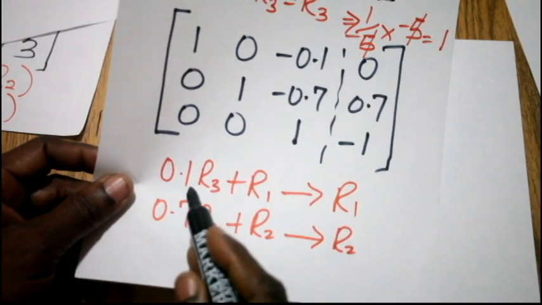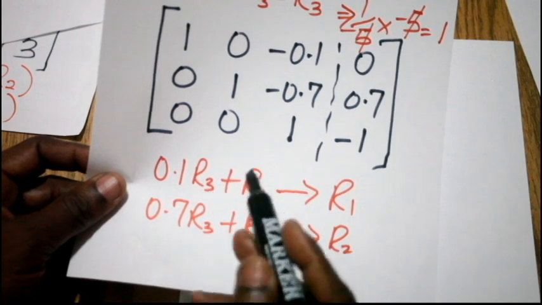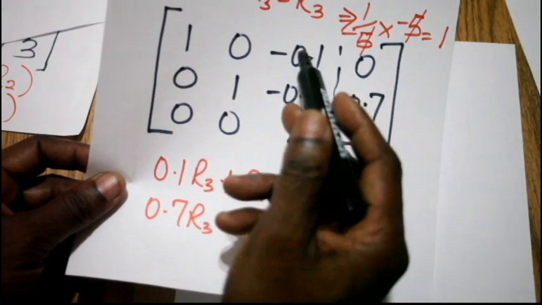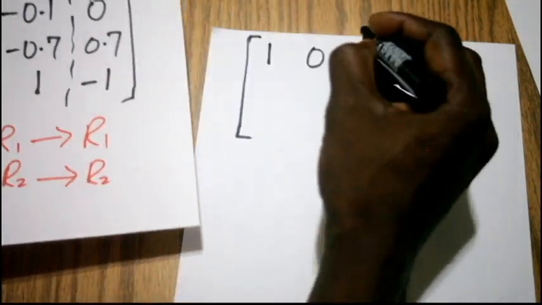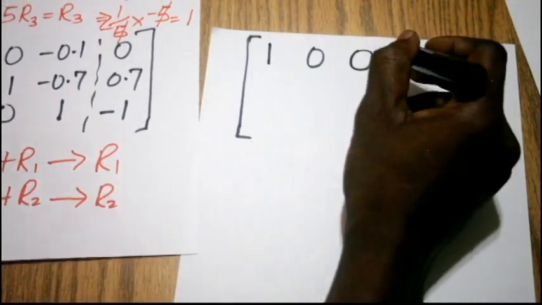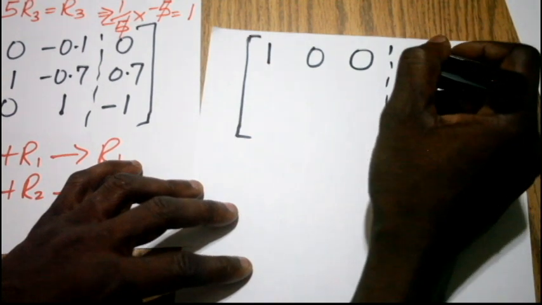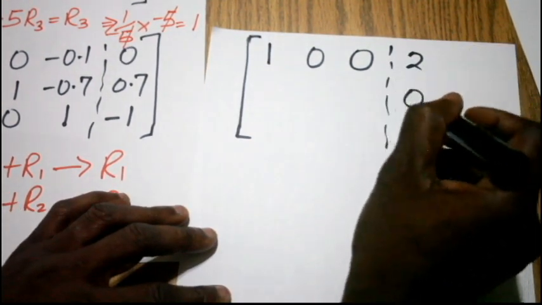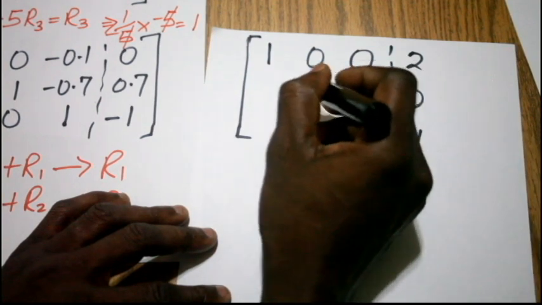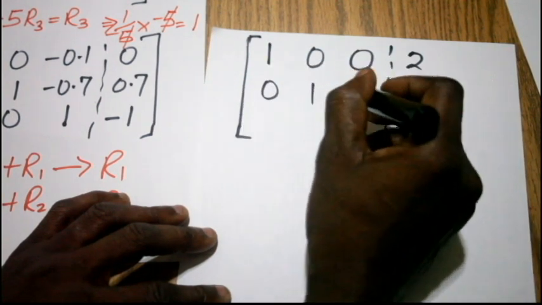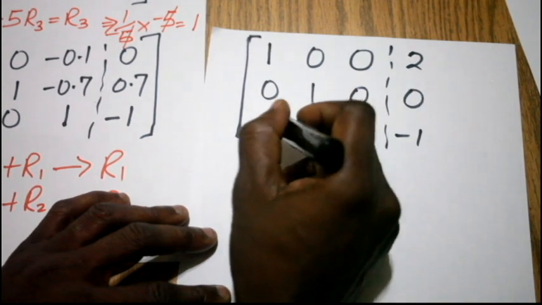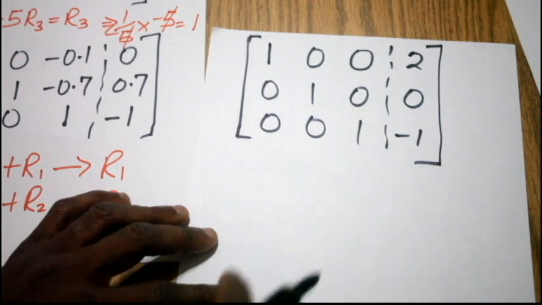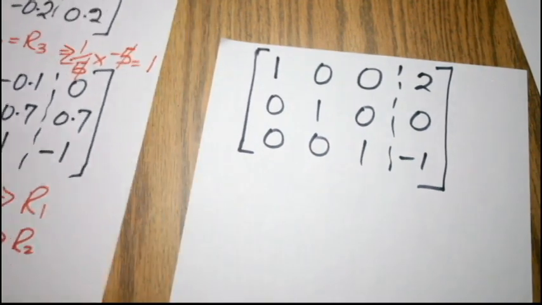Because I say 0.1 multiplied by R3, my R3 is 1. So then plus the negative, this is going to give me a 0 instantly. Then I have my augmented. Then using that, I'm going to have new set of values: 0, 1, negative 1, 0, 1, 0. I have 0, 0, 1, and that is the final answer that I'm supposed to get.